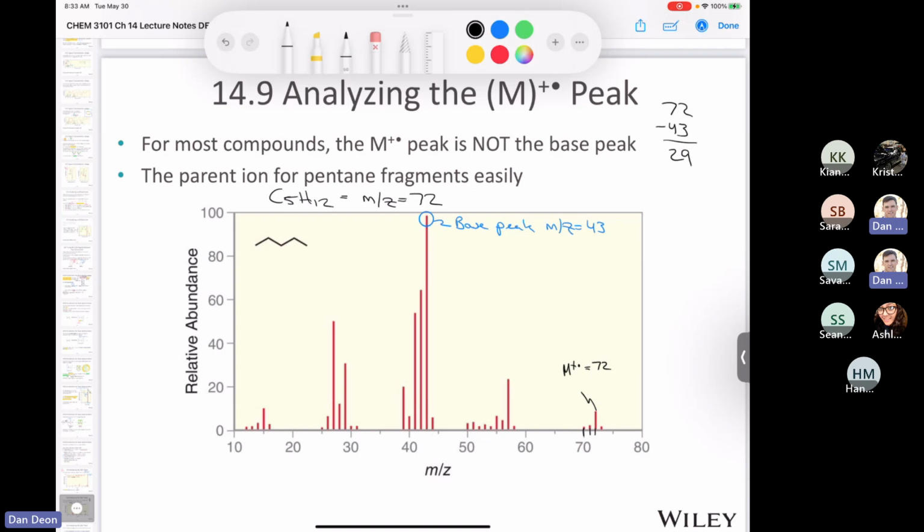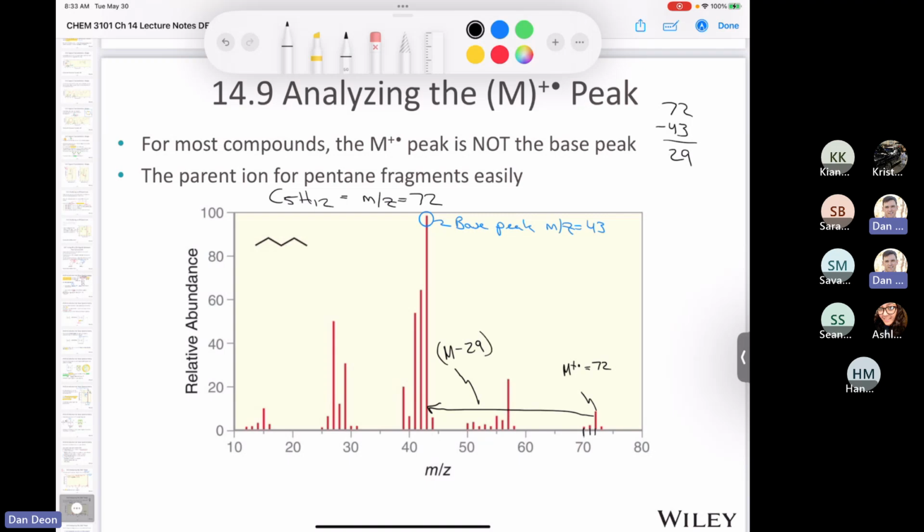Okay, so the idea is this, and if you're not paying attention, put down whatever you're doing and pay close attention to me right now. If we go from the parent all the way down to the base peak, what did it lose? We have the parent ion, and then it lost 29. That's where we got 43, right? It had to lose 29.